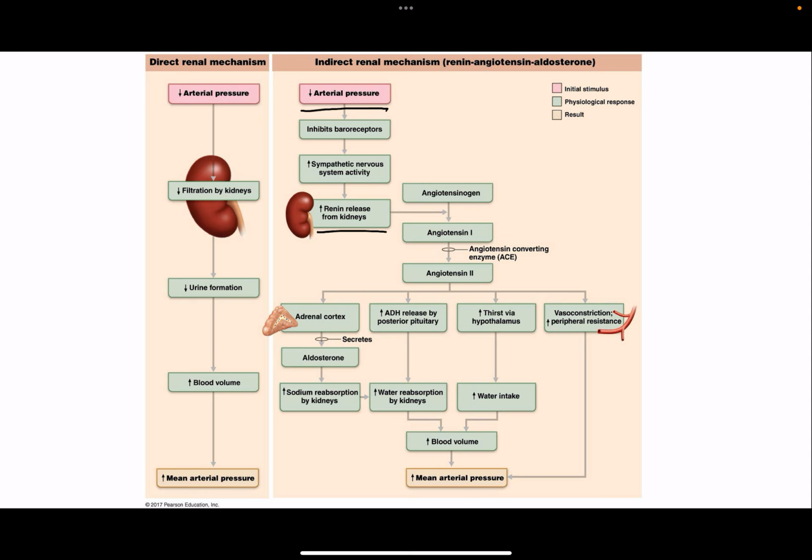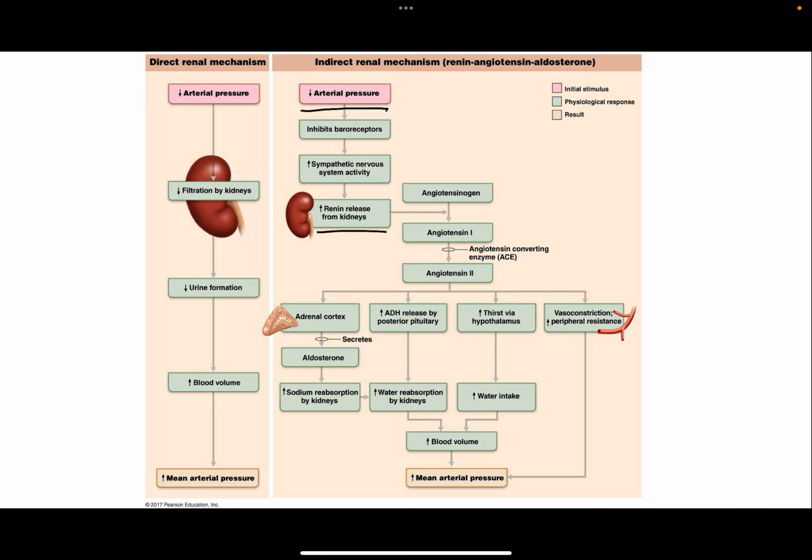So when arterial pressure drops, it inhibits baroreceptors or mechanoreceptors, which is going to increase sympathetic nervous system activity, which is going to cause our granular cells to release renin from the kidneys.